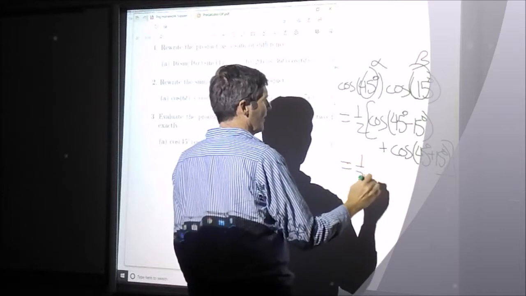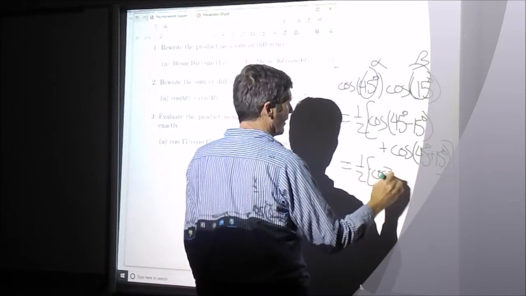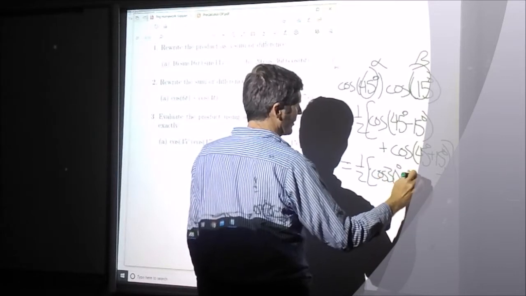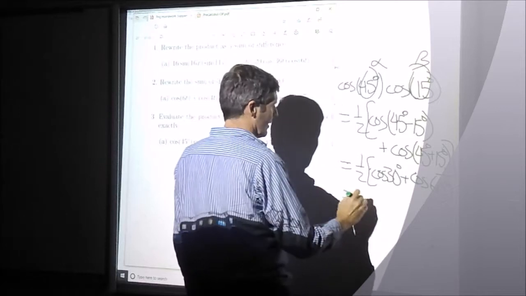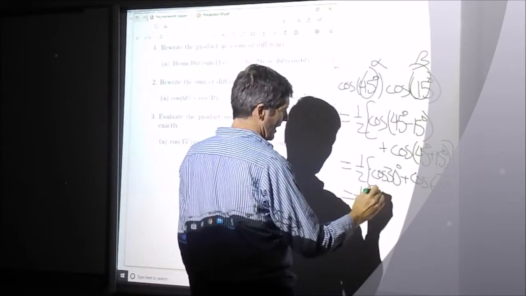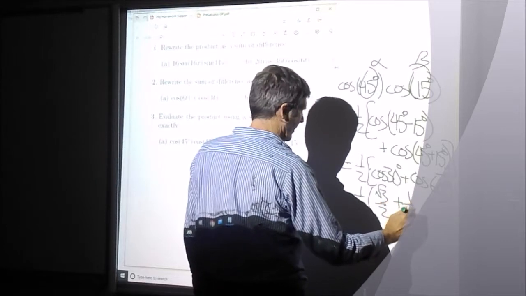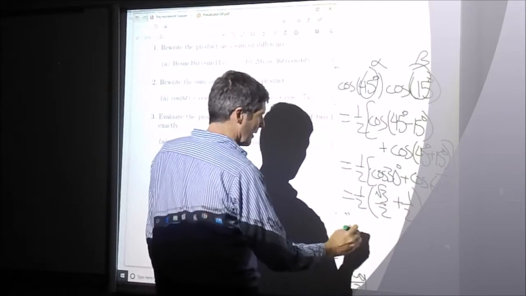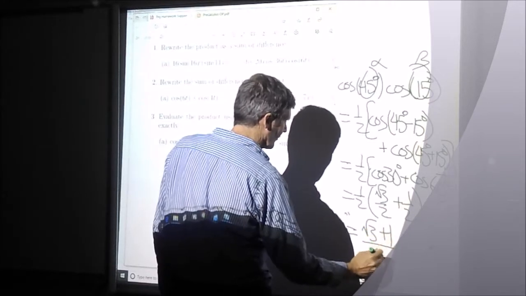This is 1/2 cosine 30 plus cosine 60. This is 1/2 times square root of 3 over 2 plus 1/2, which is square root of 3 plus 1 all over 4.